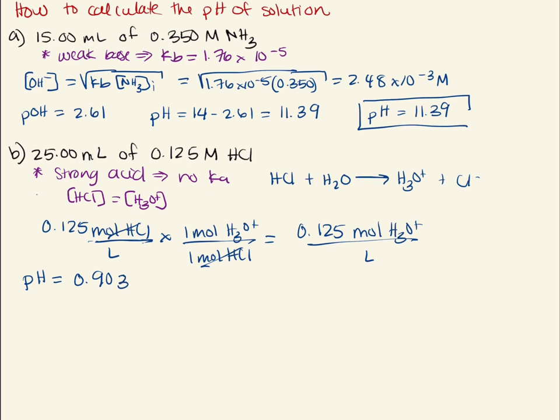Now, in part C, we are going to calculate the pH of the resulting solution when A and B are mixed together.